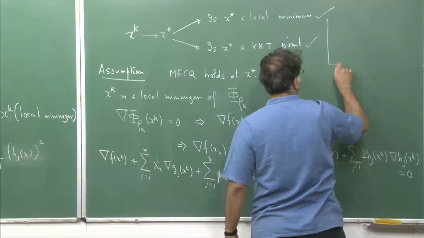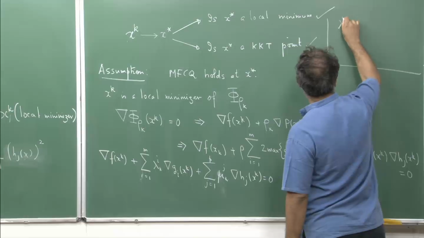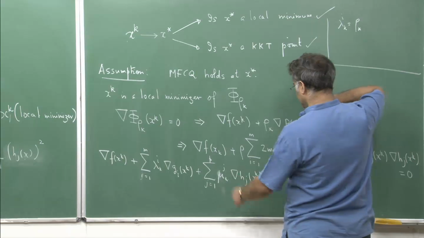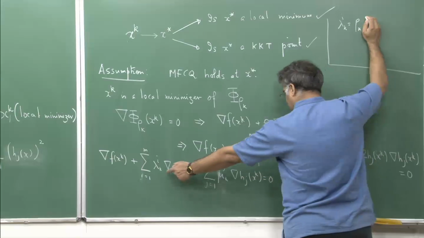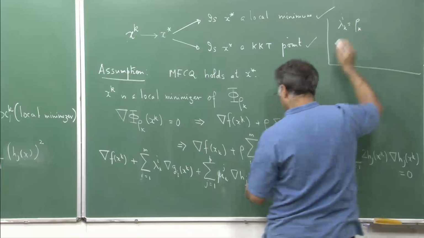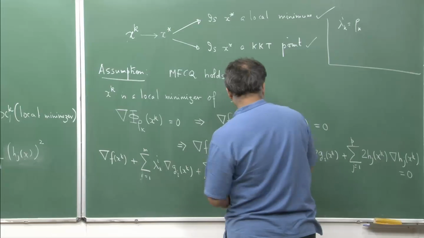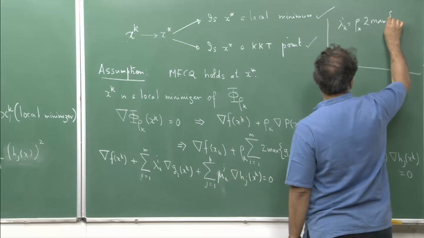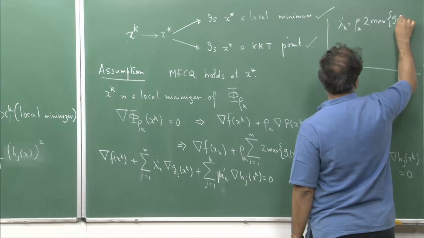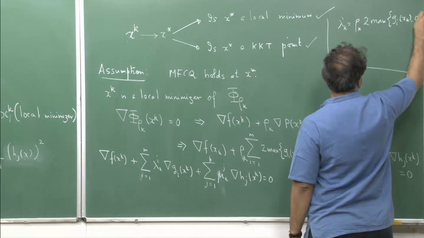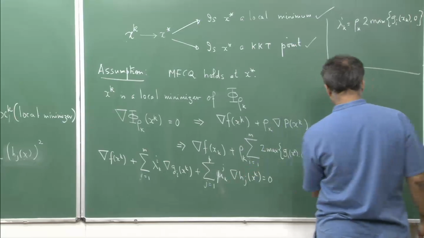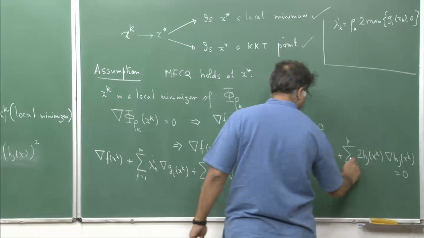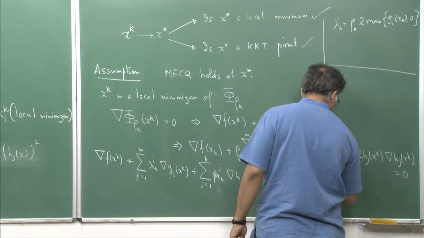You can note that lambda i k is nothing but rho k into twice max of gi xk and 0, and here also I have to have the symbol rho k.